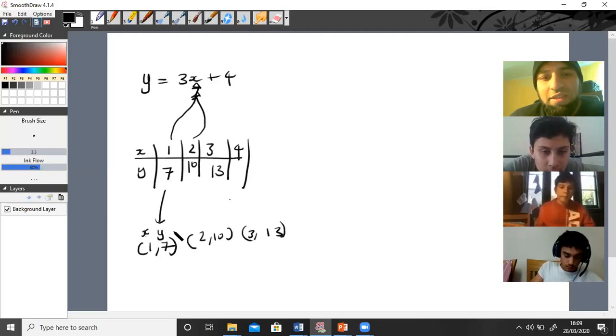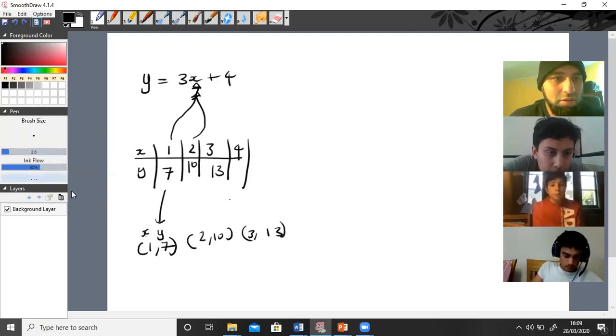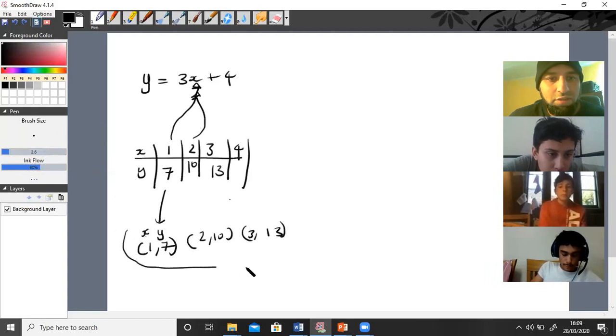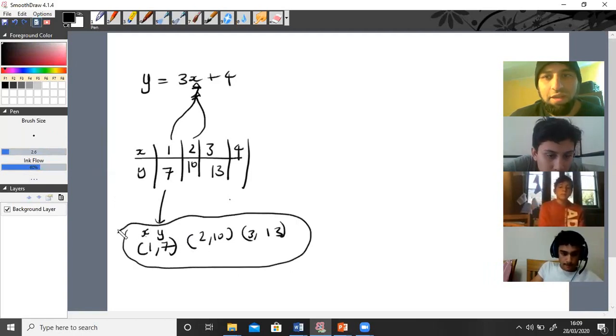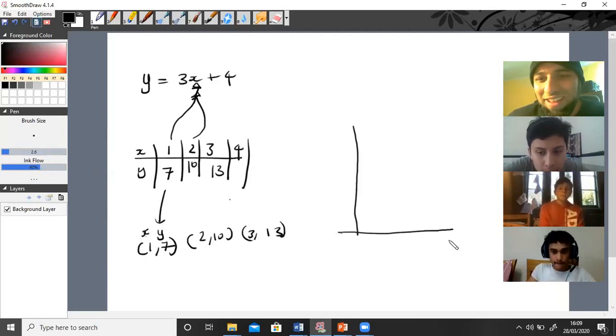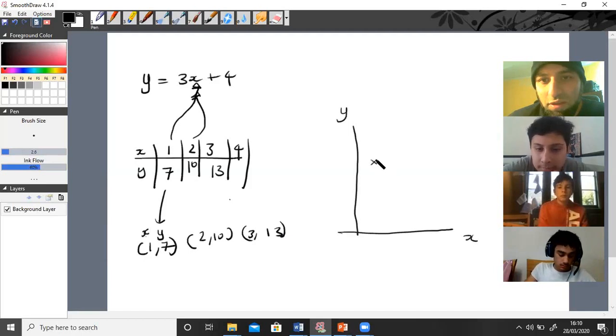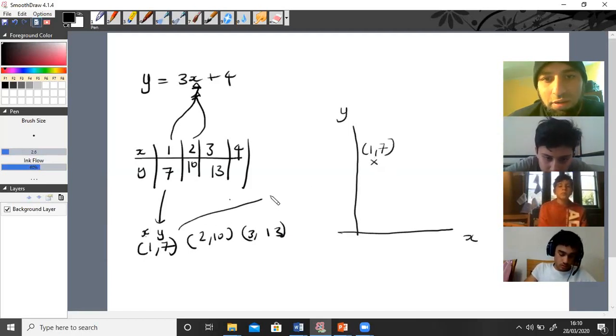What I can then do with these coordinates is interesting. I can put them into a graph. So let's have an x-axis there and a y-axis there, and plot them. Yeah, you can plot them exactly. So when x is 1, y is 7. So we've got here 1 and 7, as you can see.